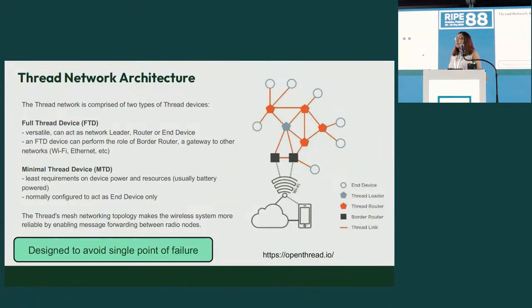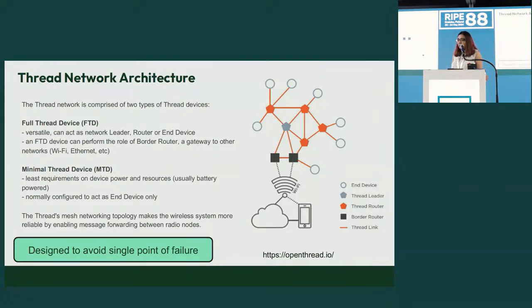So before I go into a little bit more detail on that one, I will talk a little bit about the thread network architecture. In a thread network, we could have a number of roles. We could have end devices, which are minimal thread devices with the least requirement on device power and resources, and normally configured as end device only.